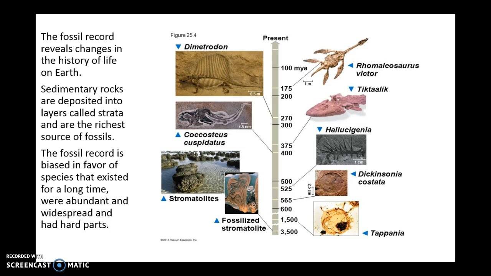We have found fossils in sedimentary rock throughout the entire world. And what you have in this particular image are fossils that have been found in the various different strata, going from 100 years ago down to 3,500 years ago.